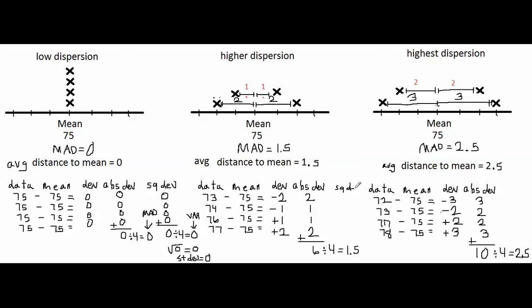That comes out to 4. -1 times -1 is 1. Whenever you multiply a negative number by a negative number, you get a positive answer, because the negatives cancel out. 1 times 1 is 1, and 2 times 2 is 4.